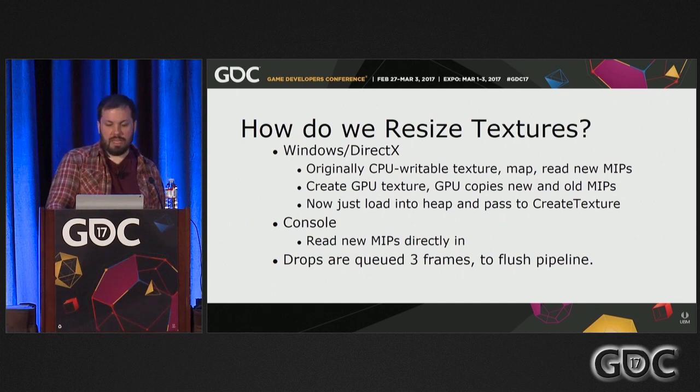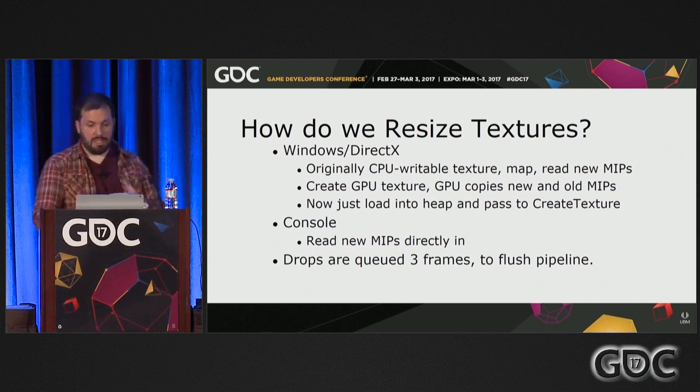So in terms of the actual texture resizing, our original approach was to have a CPU writable texture. We do the by-the-book thing: create a CPU writable texture, map it, asynchronously load into it, unmap it, copy it to the new GPU texture, copy the old GPU texture to the new GPU texture, and then get rid of the old GPU texture and the CPU texture.